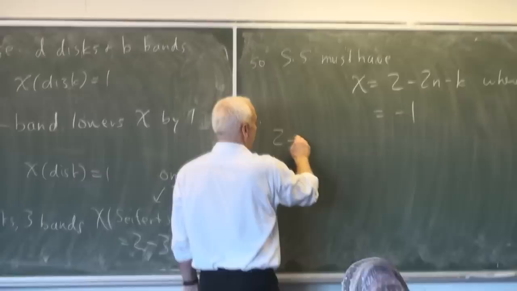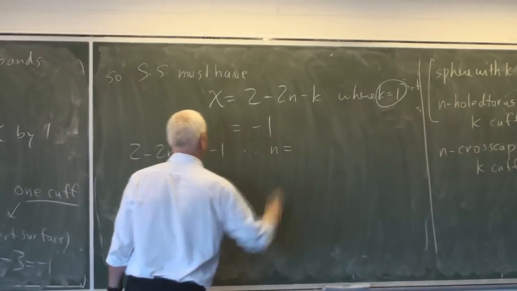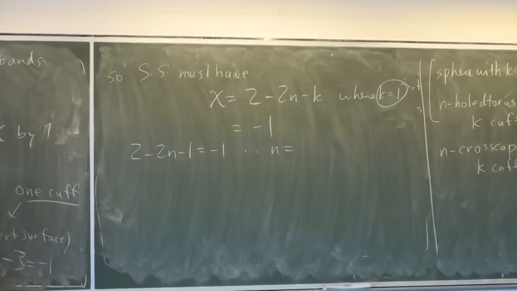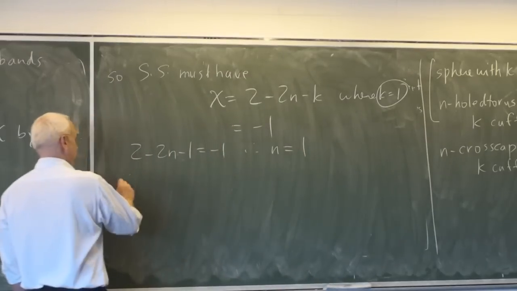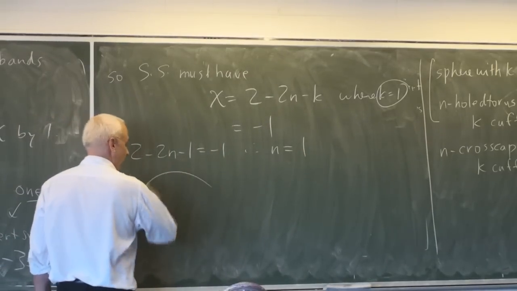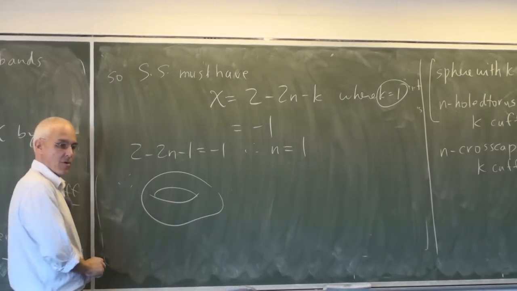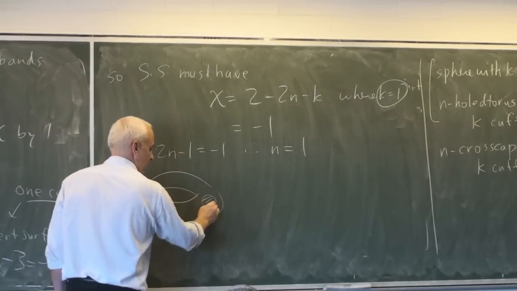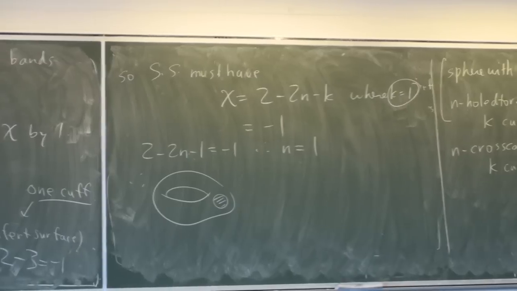So we get the equation 2 minus 2n minus 1 equals minus 1. And therefore n equals 1. And so therefore the Seifert surface is a torus with a cuff. That's what this thing is. It's another picture of it in more standard form.